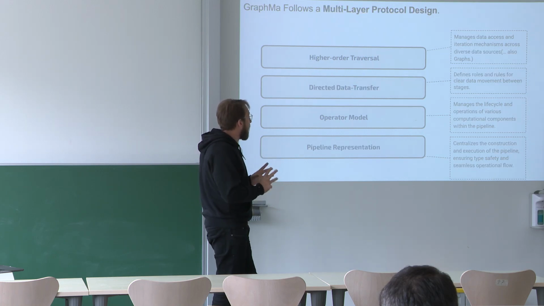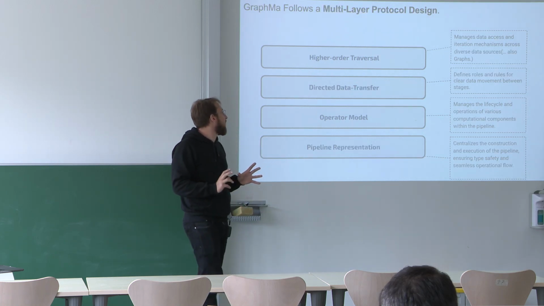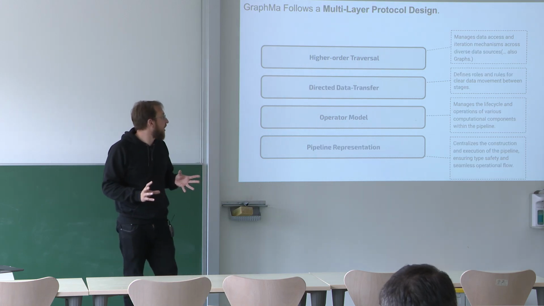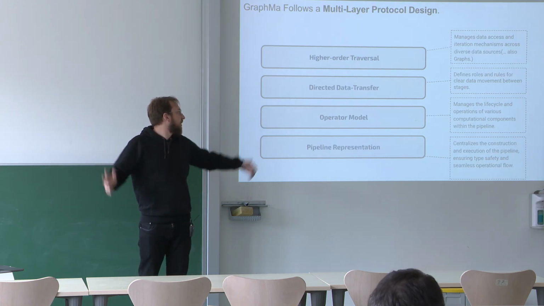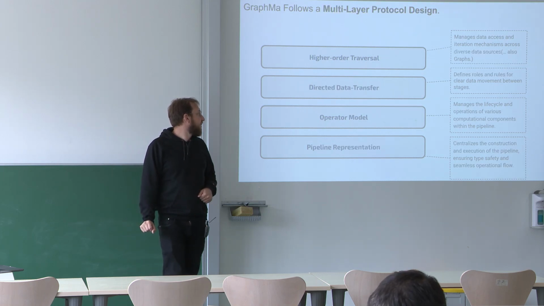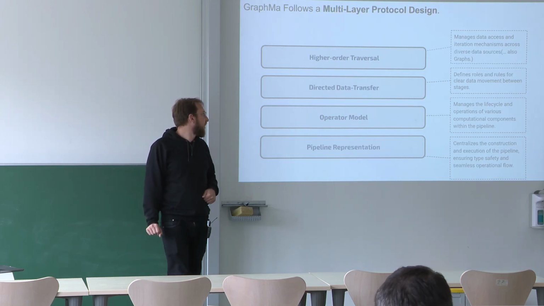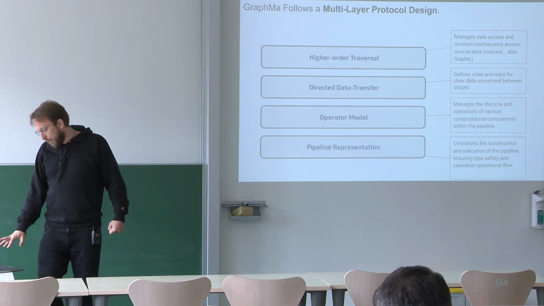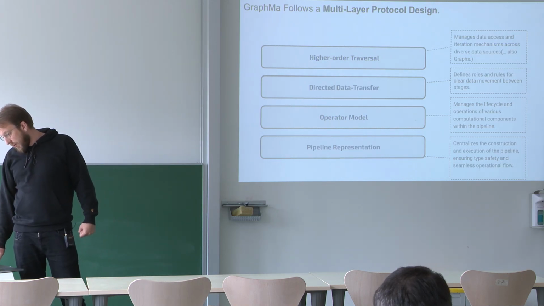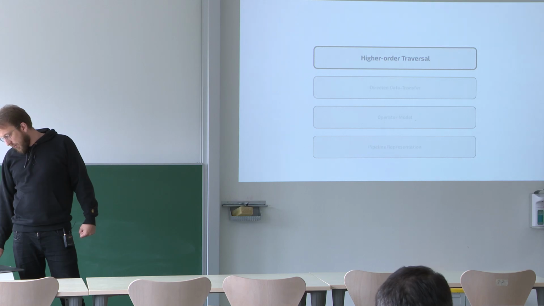There's a clearly defined operator model in which operators have life cycles. And there's the entire pipeline presentation. Right? So that's centralized the construct and execution of a pipeline. I will go through these layers now, and I think things should become a little bit clear.